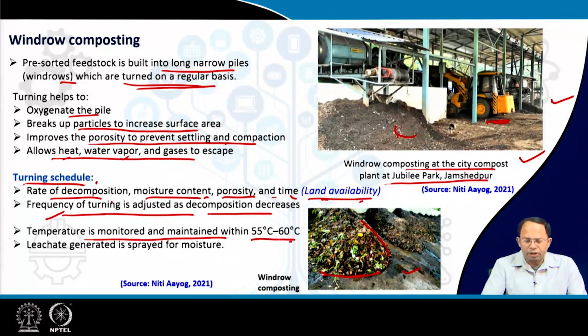So, we will try to maintain around 55 to 60 degrees for a period of 2 or 3 weeks. That is good enough for production of compost. Leachate generated is collected. Sometimes it is sprayed back, which gives added moisture to the compost. Or excess leachate also needs to be treated.